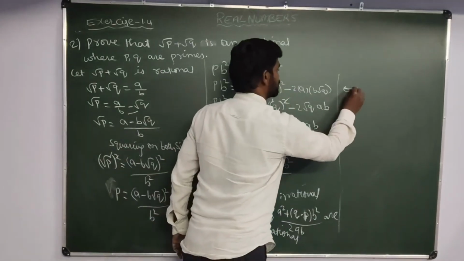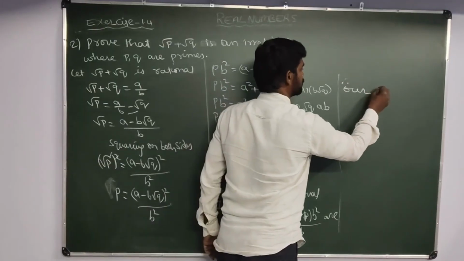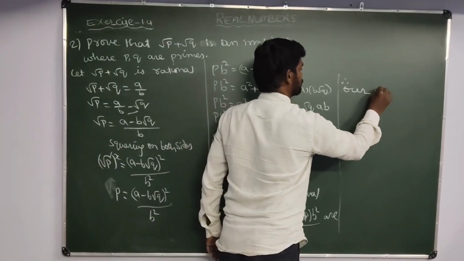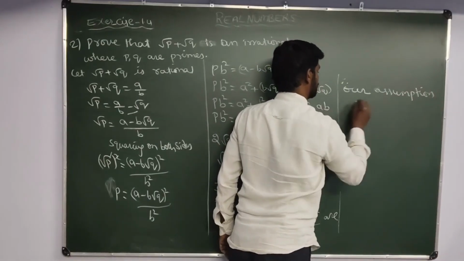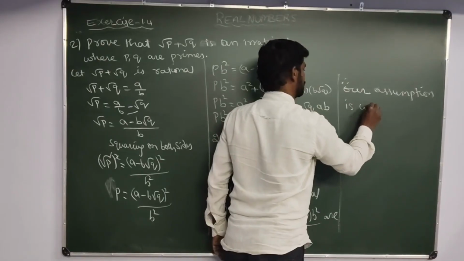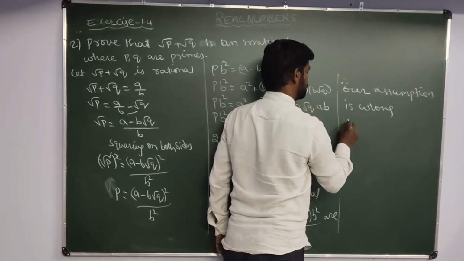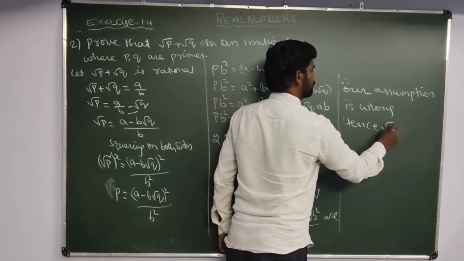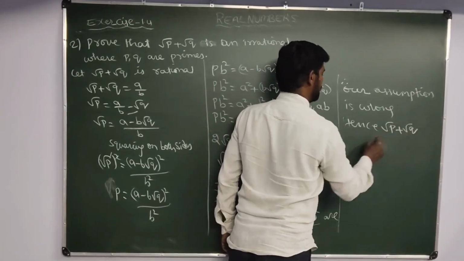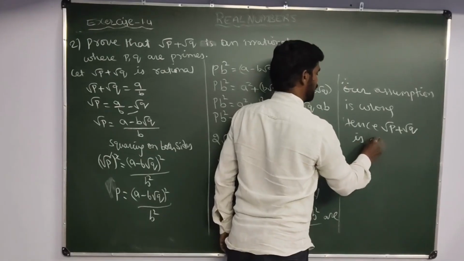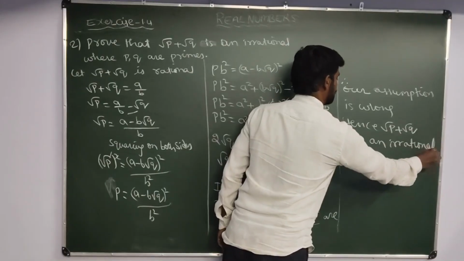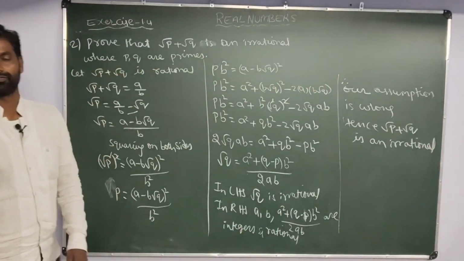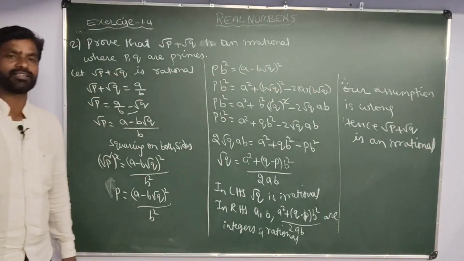Therefore, our assumption is wrong. Hence, root p plus root q is irrational. That is the proof of root p plus root q as irrational.